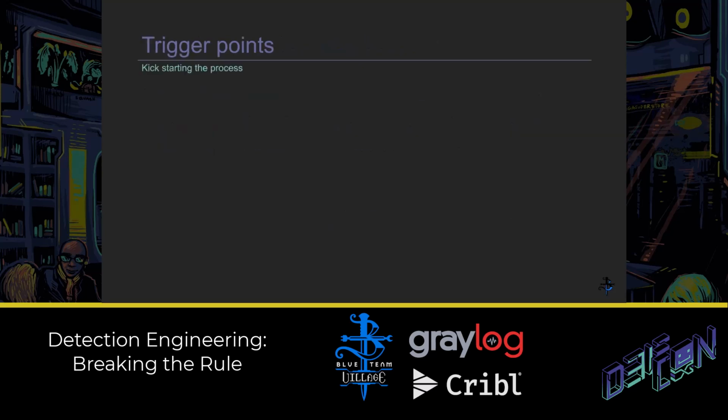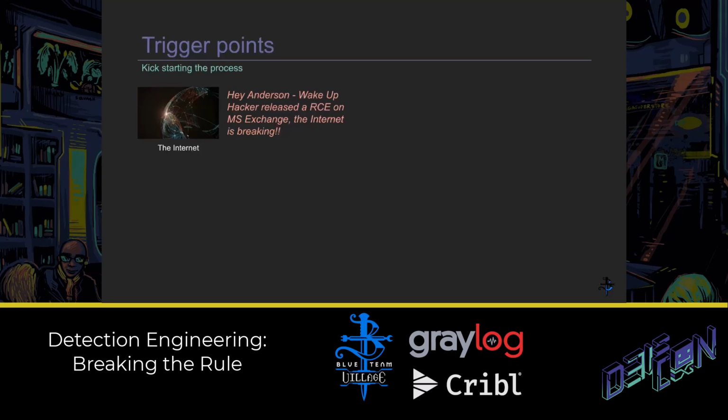What are the two trigger points? There are three trigger points actually, but I'm going to cover only two. The first trigger point is when you wake up to a gun pointing at you and your friend is talking to you and telling you that, hey, there is a new RC that came up on a very popular software, and you got to wake up and build a detection that can pick this up over the wire on your endpoints in your system host, right?